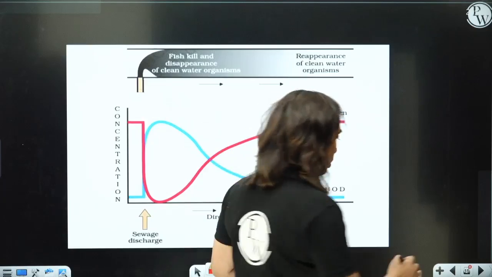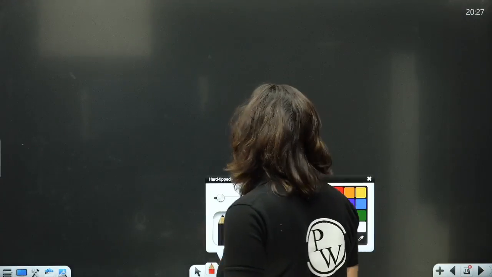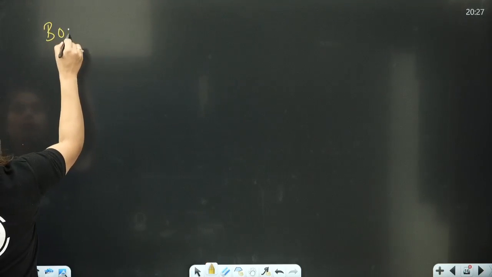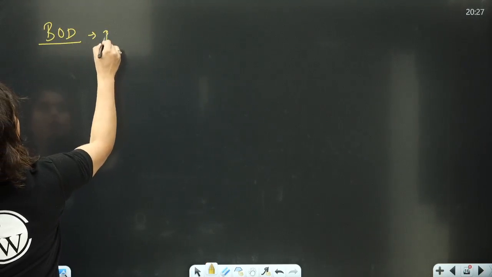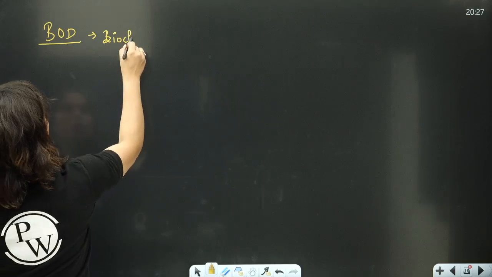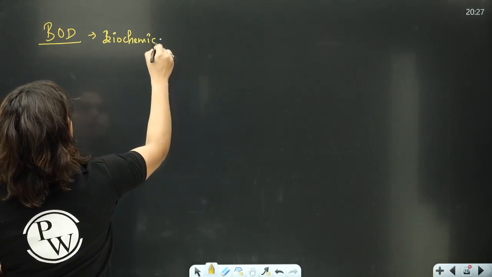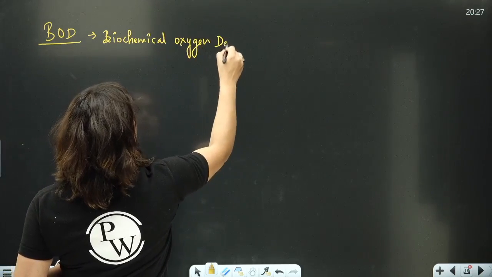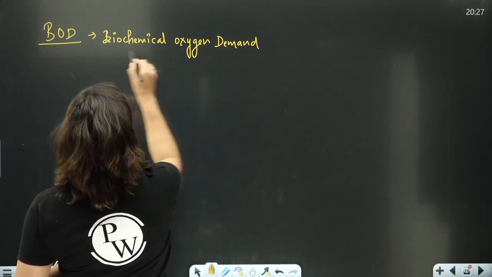So I have told you this in Microbes in Human Welfare in detail, that I have told you what is BOD. BOD is called as biochemical oxygen demand.